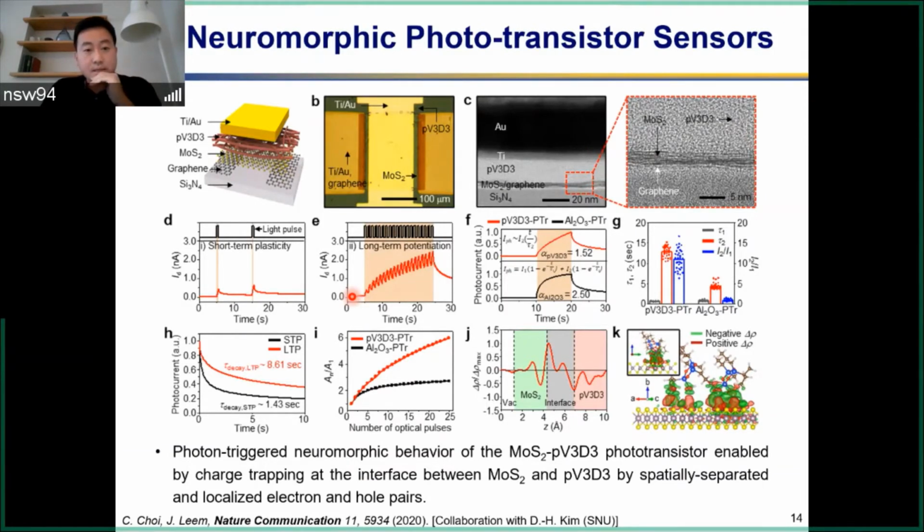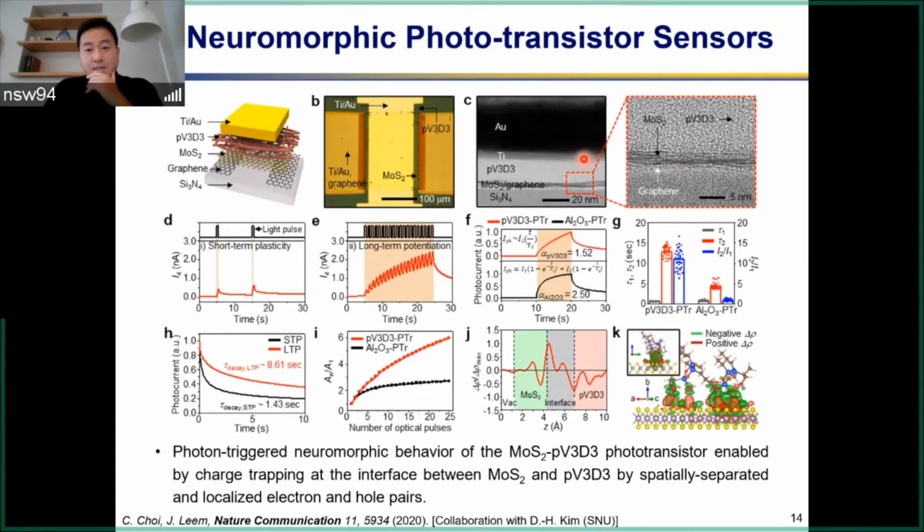So that's the semiconductor. And what we added to moly-sulfide in this case is this organic layer. It's called PV3D3. It's a CVD-compatible process, so you can deposit this very thin organic semiconductor with the CVD process on top of MoS2, so you can build this at large scale, and you can configure your device with the metal gates and source-drain contacts, and that's what you're seeing here in a cross-sectional view.